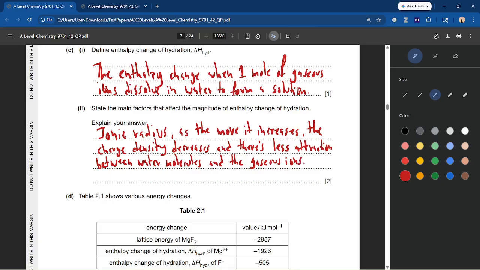And then you're also going to mention ionic charge. Ionic charge, so this is sort of in the same vein.